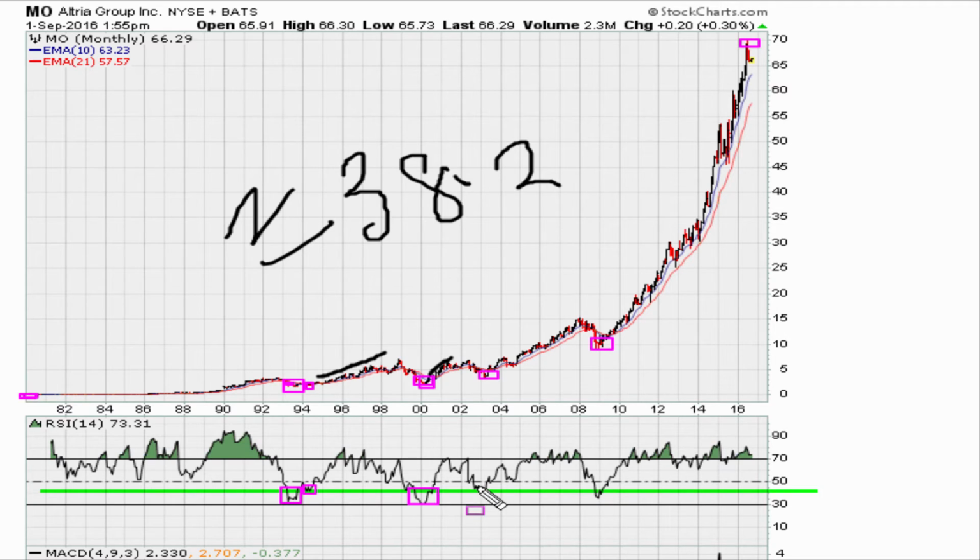And again here uniform activity below the green line back above it for the re-entry in 03, and again uniform activity below the line back above it for the re-entry in late 08, early 09, and of course since then we've seen this gradual explosion in prices. So we can see evidence here that uniform activity support at 38.2 is one of the reasons why visually the stock has been bouncing on this green line, which happens to be at about 38.2.